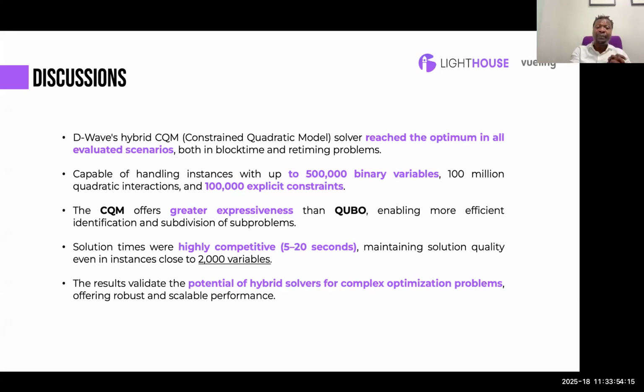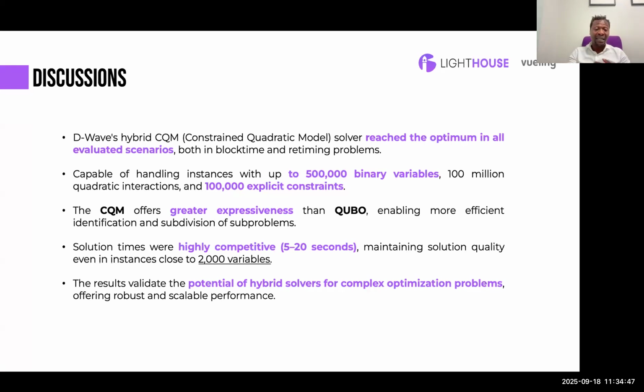And also it's very important to see that this platform and this solution is capable of handling a lot of binary variables, 100 million quadratic interactions and 100K explicit constraints. That is a lot. And if we take into account this strategy that I was talking about, we can use this to solve the problem easily, and it is important.